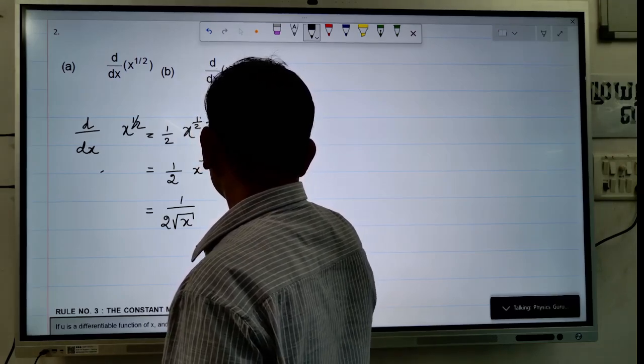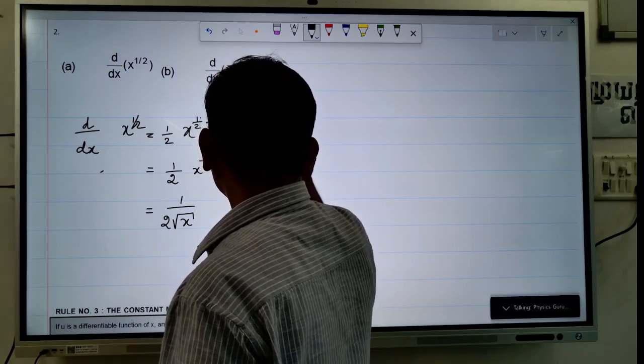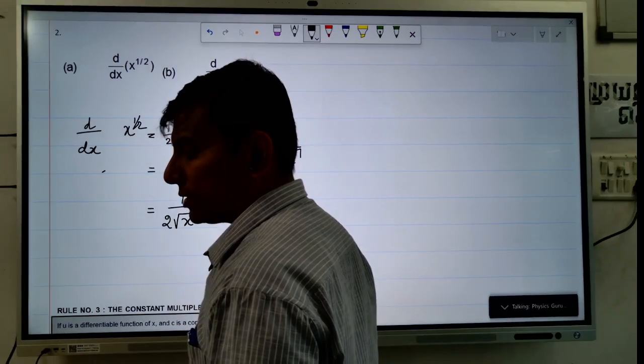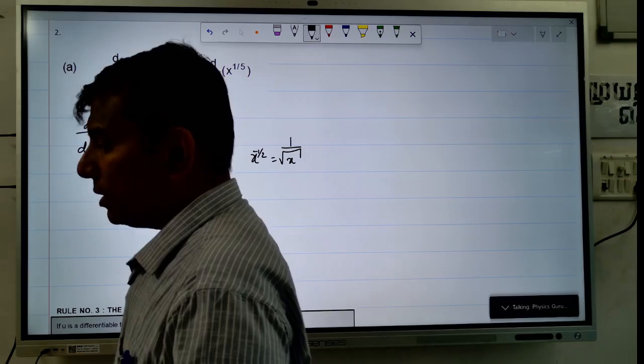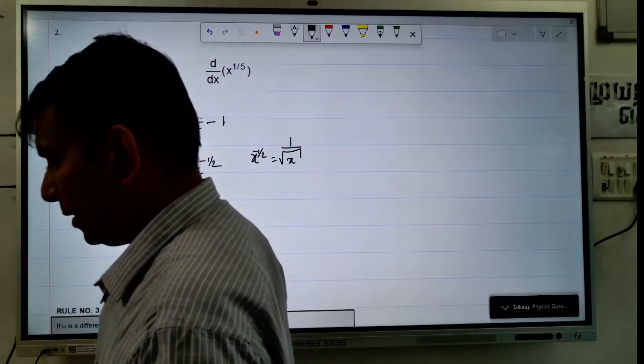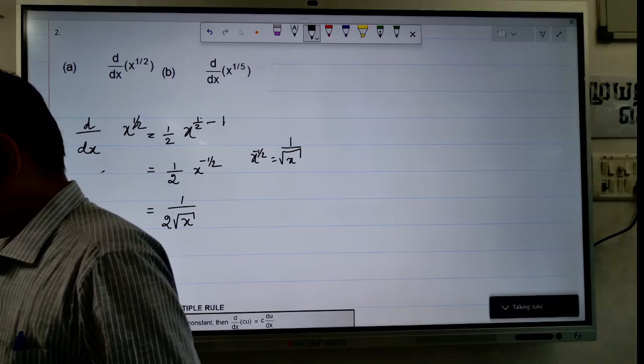X to the power minus 1 by 2 is 1 by root of x. Because whenever the powers carry a negative sign, the quantity comes in the denominator. Okay?